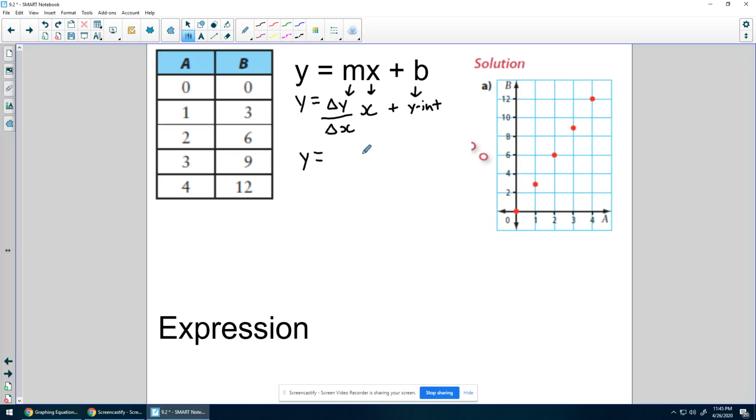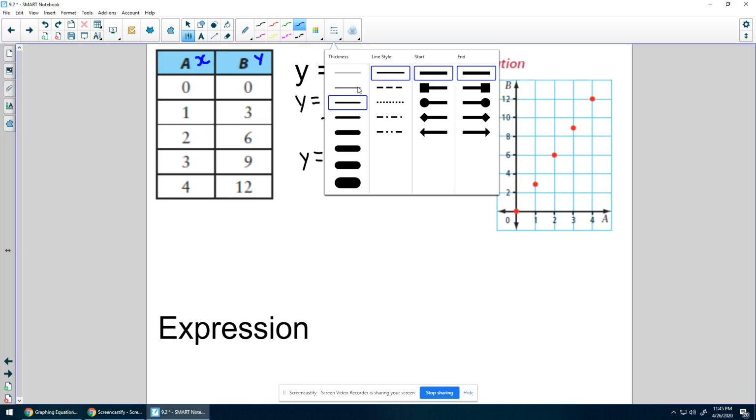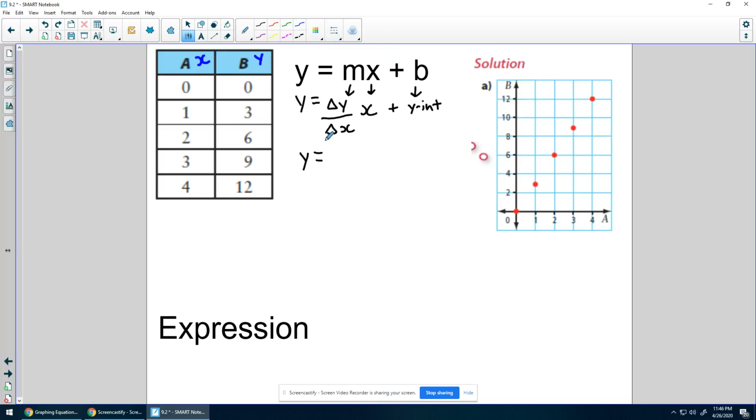Okay, so how do we find the change in y over the change in x? Well, first thing, this is always going to be x, which is first. This is going to be y. Change in y. We are going up by 3 using our table. So the change in y is 3.